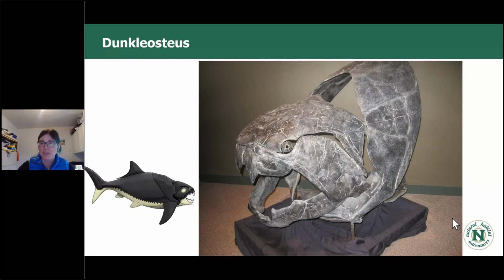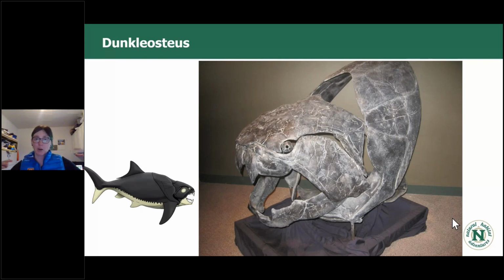I used to be a museum guide in Winnipeg, Manitoba, and the Winnipeg area was a place that was covered by shallow seas in the Devonian, so we have fossils of animals like this around. And if you've ever had a chance to stand next to one of these guys and really get a frame of reference for how big they were and how utterly terrifying they must have been to come across in the sea, I highly encourage you to do so.